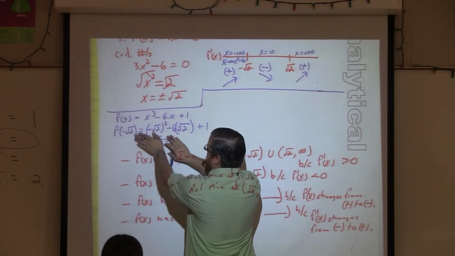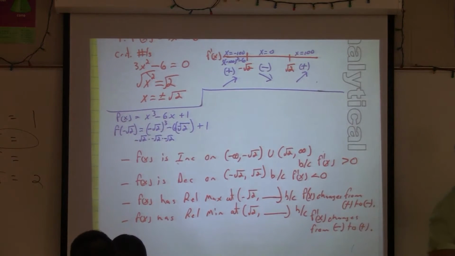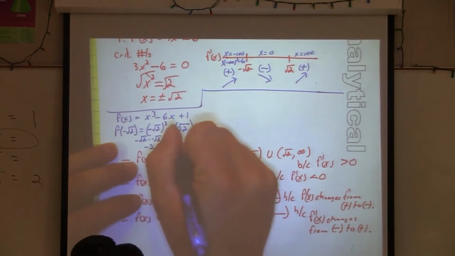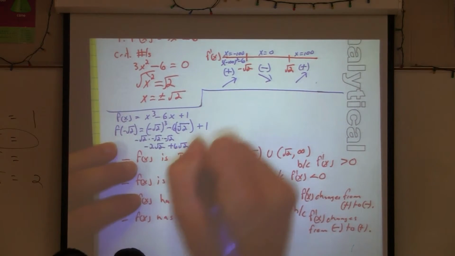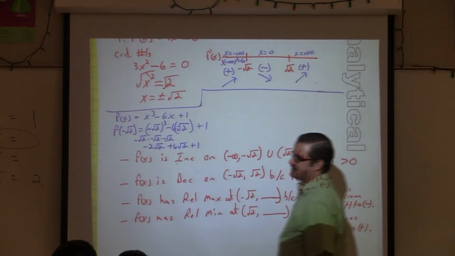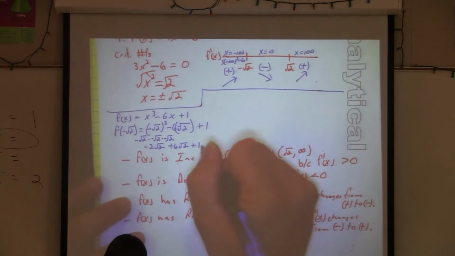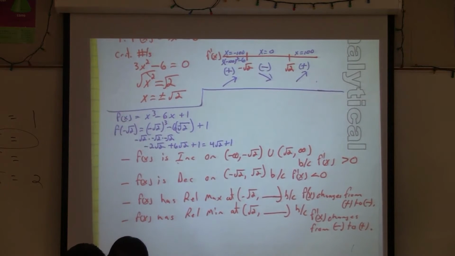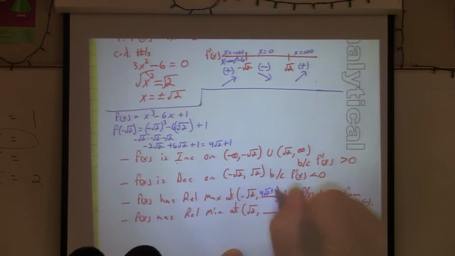So this times this gives me 2, times this gives me negative 2 radical 2. Are we okay? Negative 6 times negative radical 2 gives me positive 6 radical 2, right? Plus 1. So what's negative 2 radical 2 plus 6 radical 2? 4 radical 2, right? So this gives me 4 radical 2 plus 1. And I can't go any further without a calculator. That will be my y value.